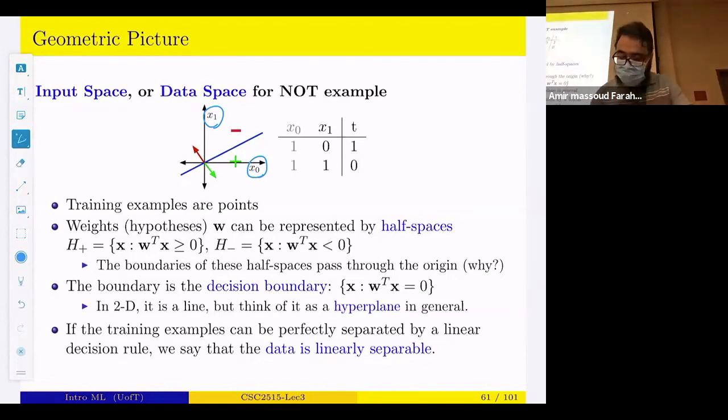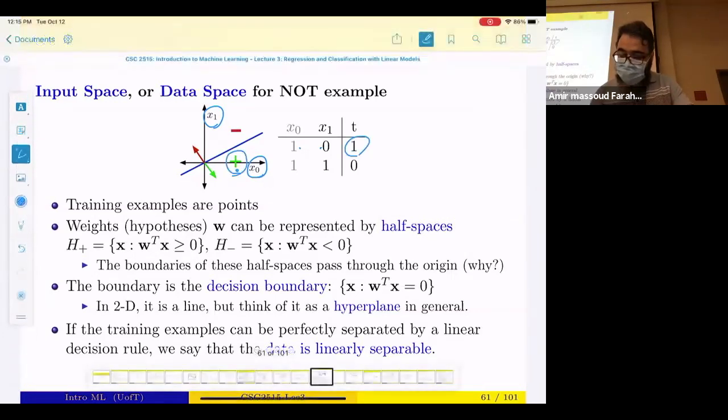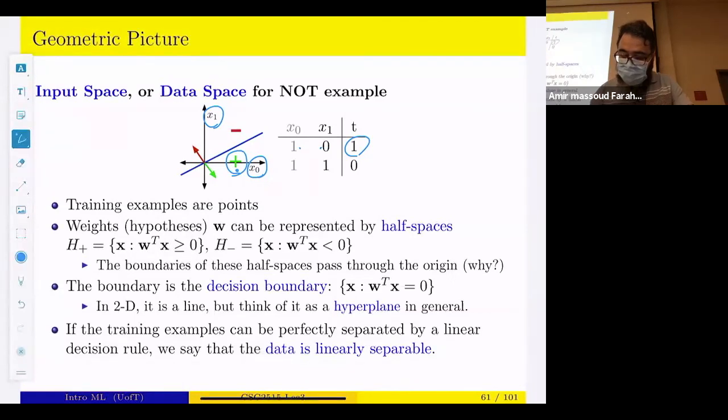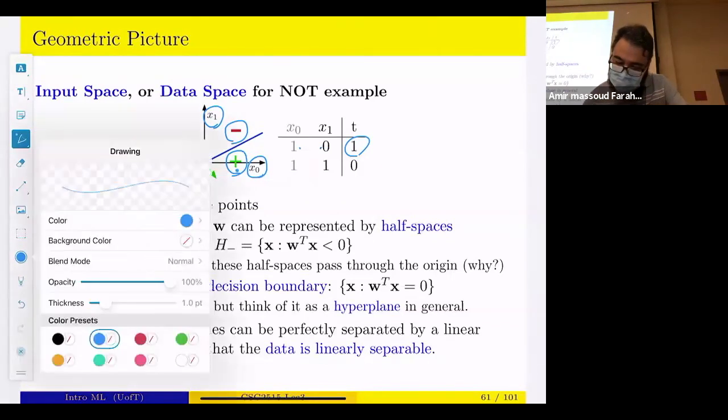For example, when x0 is 1 and x1 is 0, this point should be positive. And when both of them are 1, this would be this case, which is negative. So what we want to find is a line such that on one side of it the value of the line equation is positive, and on the other side the value is negative, because that's how the threshold function works. So effectively, we want to find a line like this. Maybe I'll use a different color here.